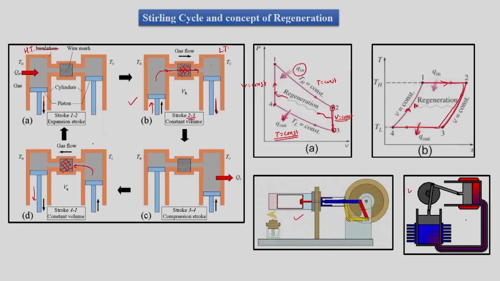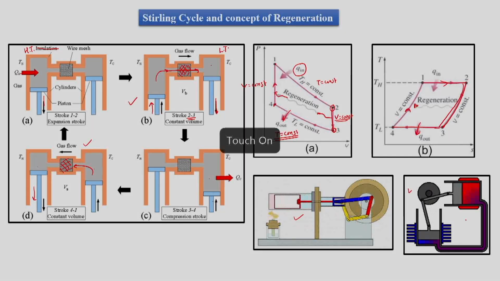So for the constant volume processes, we are talking about heat transfer in the constant volume sense, but not with the atmosphere. So the system is keeping some heat in a buffer, which it takes later on.